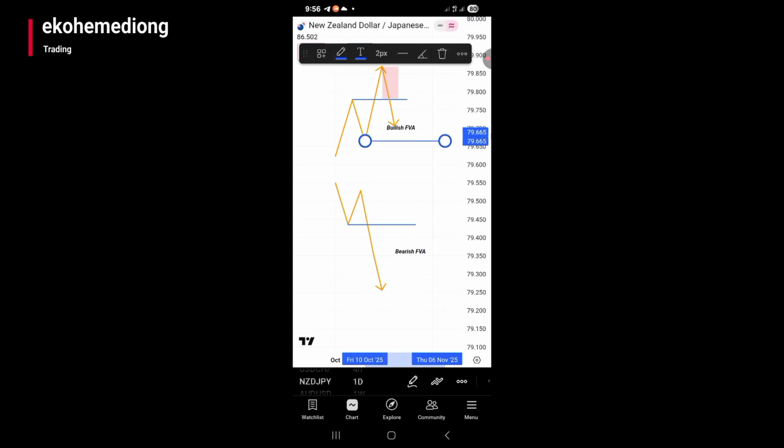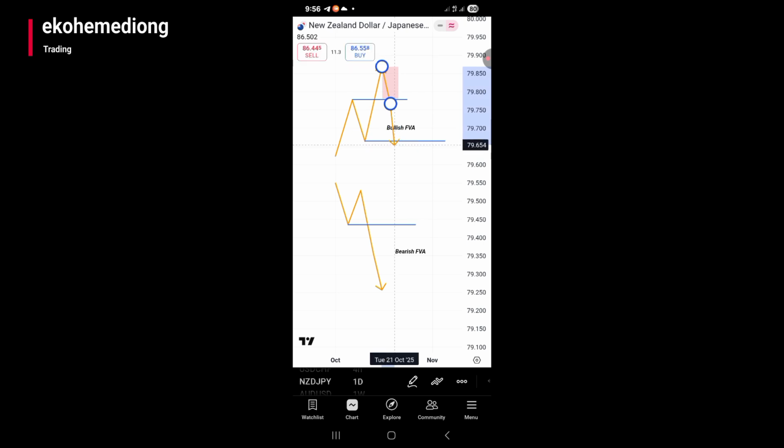I'll teach you about order flow lag and it will help you understand better. If we see that this fair value area is disrespected, now we know that our bias is to this low, so we can look for a trade to target this low.